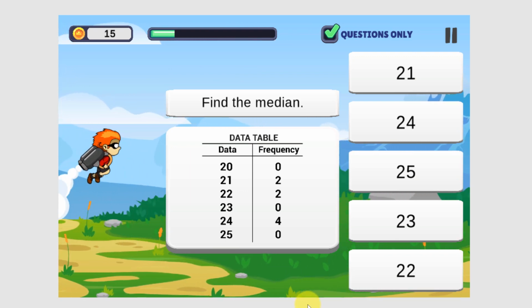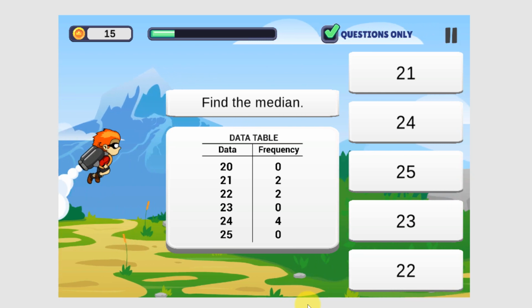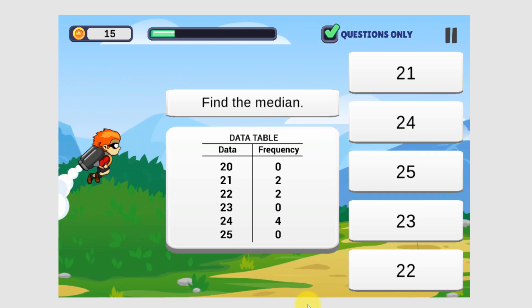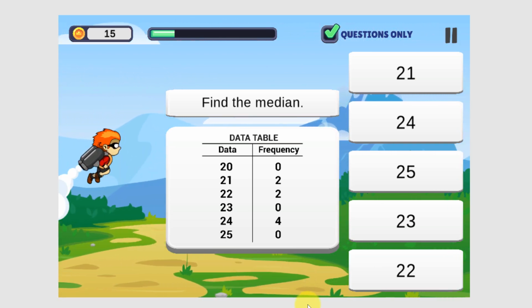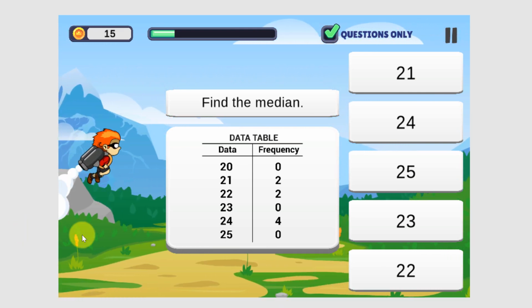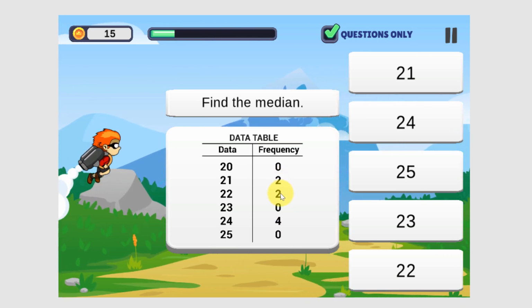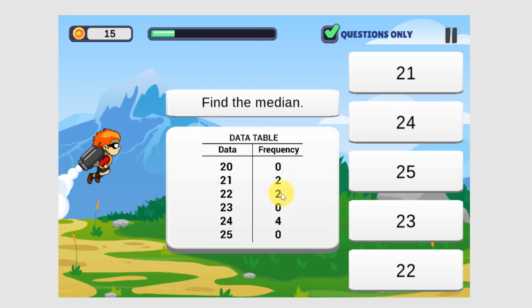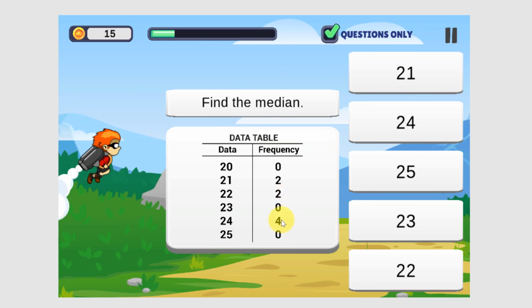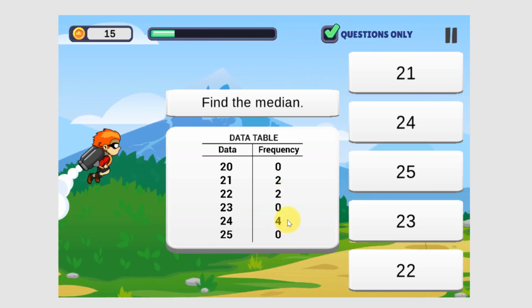Find the median. So let's take a look at all of our data. This is a frequency table. So our values in our data are 21, 21 because there's a 2 right here, and then 22 and 22 because there's a 2 here, and then 24 comes 4 times because there's a 4 next to 24.